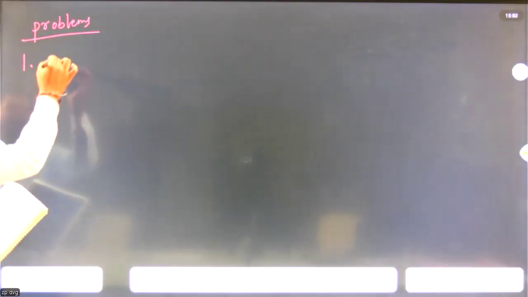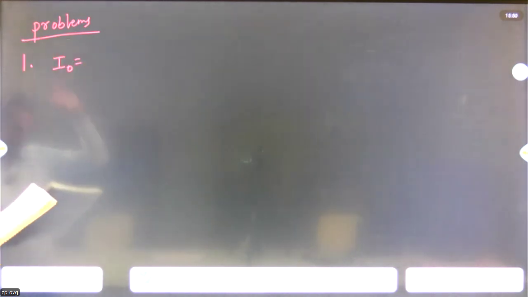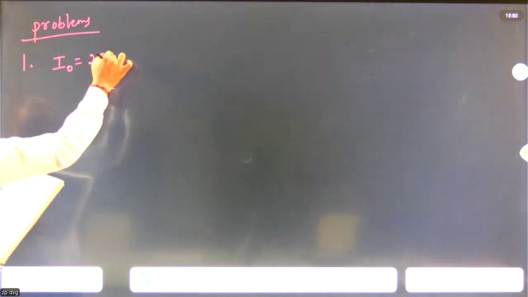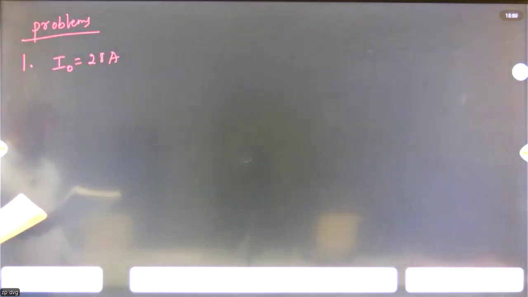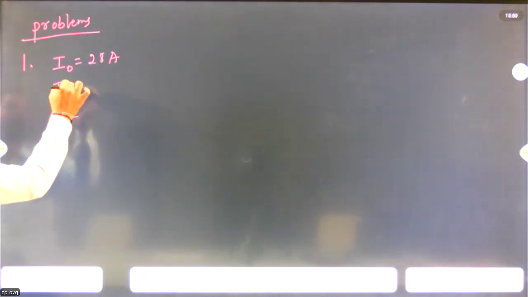First problem. The peak value of current in a circuit, peak current meaning I0, is 28 ampere. What is the RMS value of current?